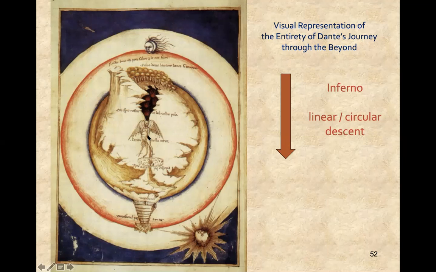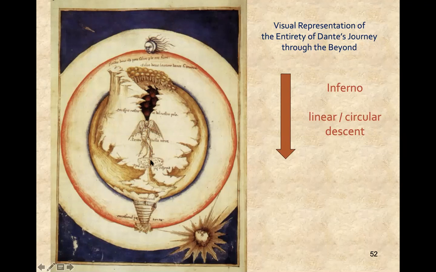At the center of the earth, he found the body of Lucifer, and by walking on and through that body, Virgil and Dante managed to pass that central point.